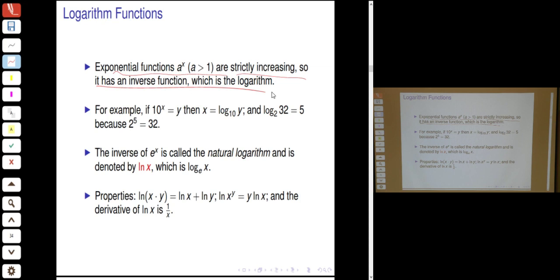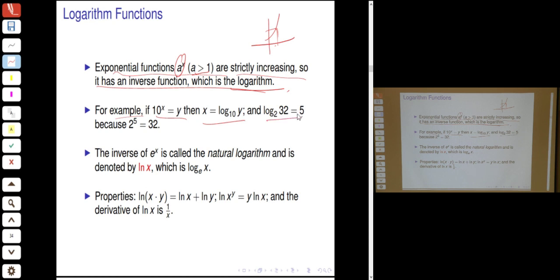If you have a strictly increasing function, then you can, of course, have the inverse function. So in the case of the exponential function with the base a bigger than 1, the inverse function is a logarithmic function. For example, if 10 to the x equal to y, then x equal to log y base 10.